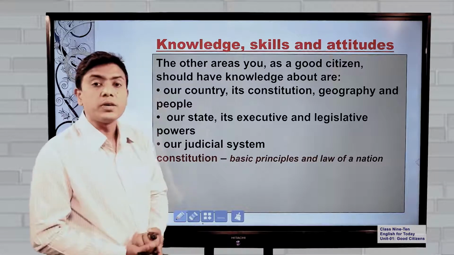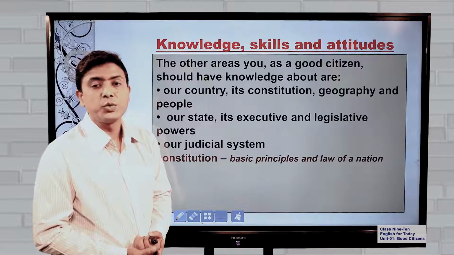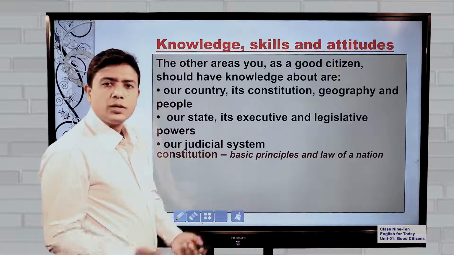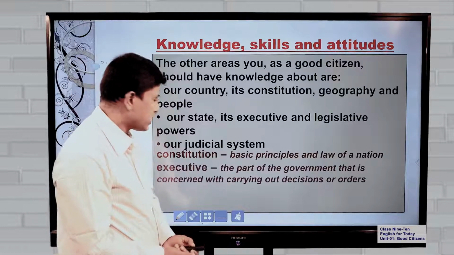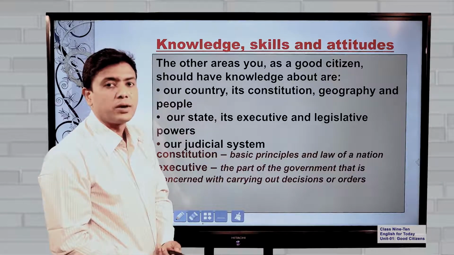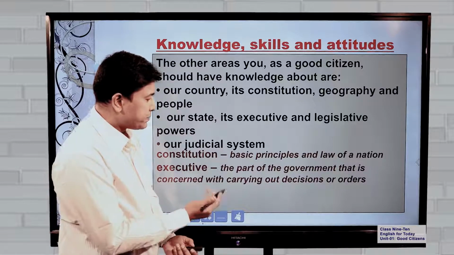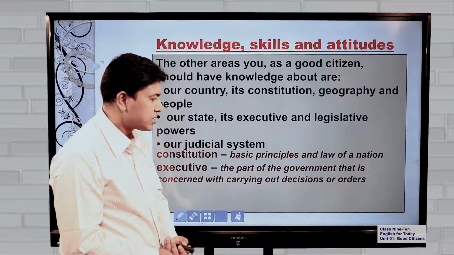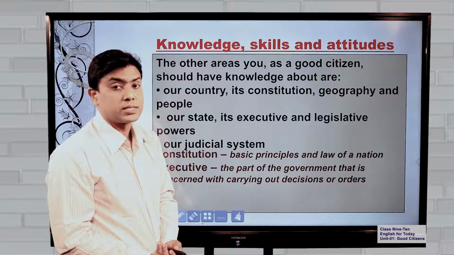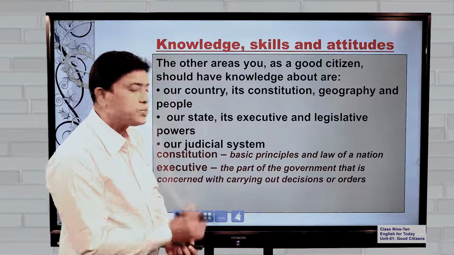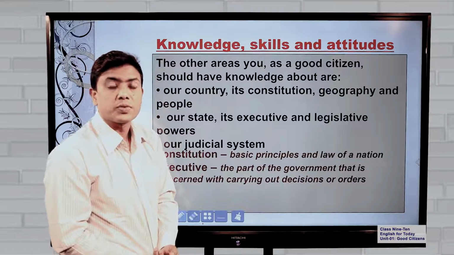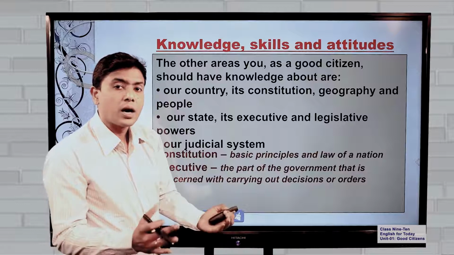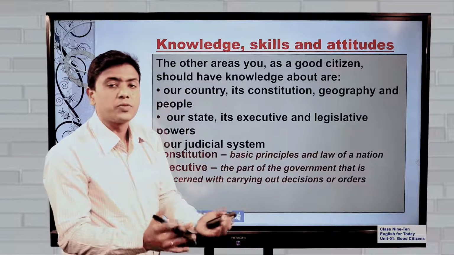This is the very important document known as Constitution. You should also learn about executive power of a country. What is it? The part of the government that is concerned with carrying out decisions or orders. Very important, the executive department of the country.